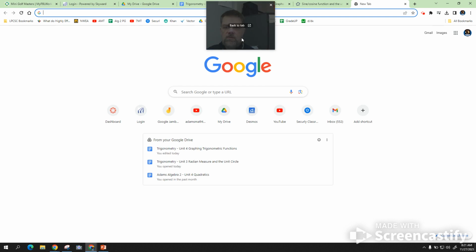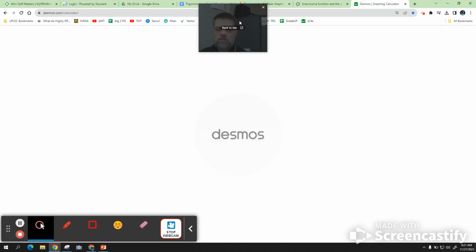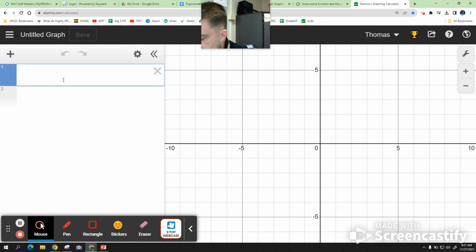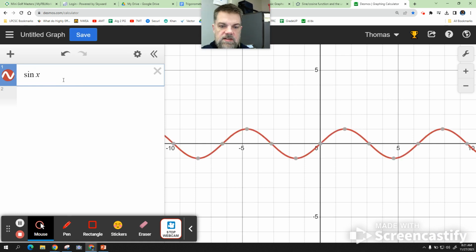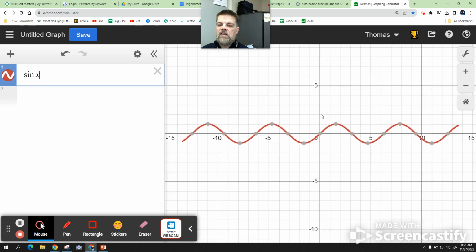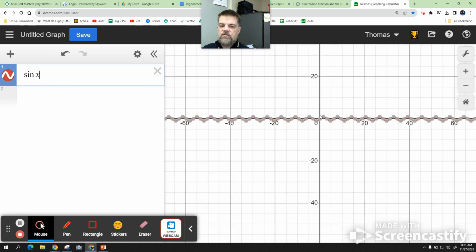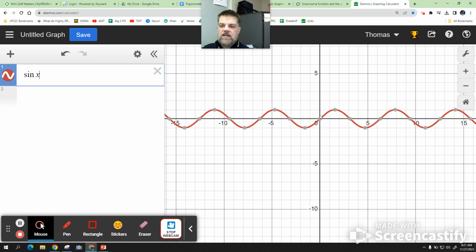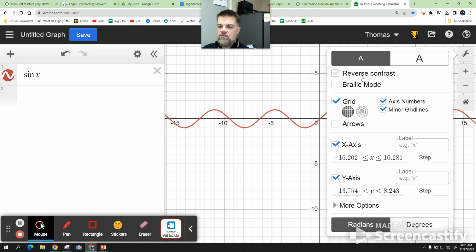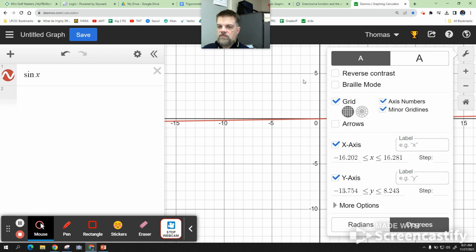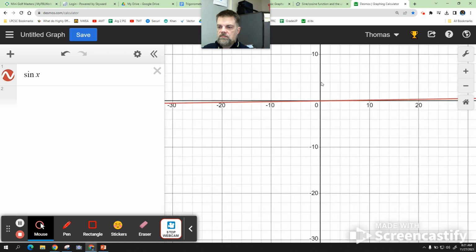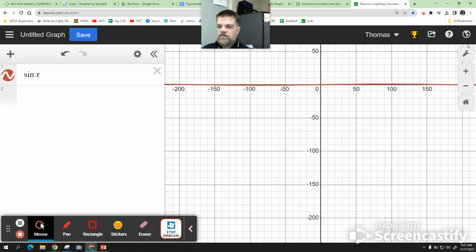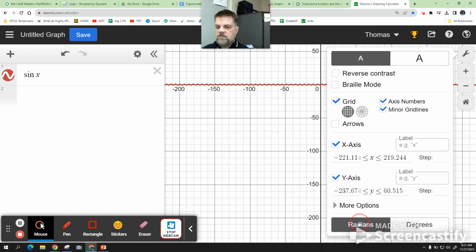So if I go to Desmos and I graph sine of x, how long does that pattern continue? Forever. Okay? And that's in radians. Obviously, if I change it to degrees, it changes a little bit. I have to zoom out, but we'll just leave it in radians because it's easier.